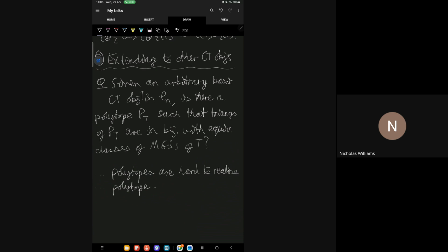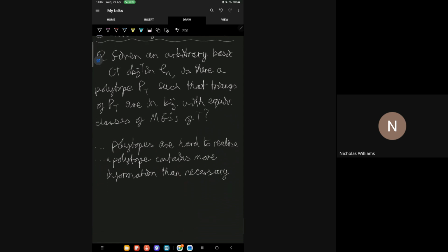It's partly because a polytope contains more information than necessary, because you have the precise positions of the vertices, but we're really interested in the essential combinatorial structure.